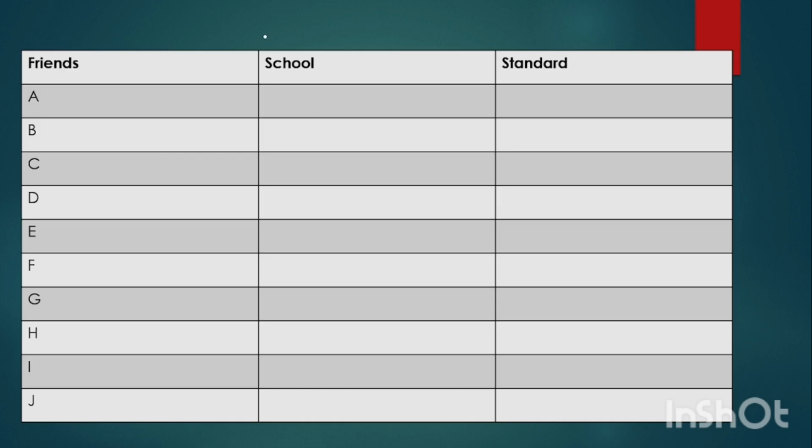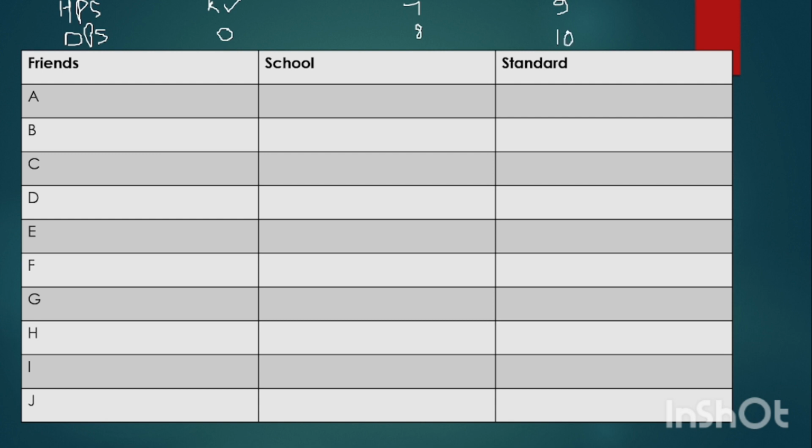What I am given is 4 schools, that is HPS, DPS, KV and Oak Ridge. So I'll write O for Oak Ridge, and I am having 4 standards, that is 7th, 8th, 9th and 10th.